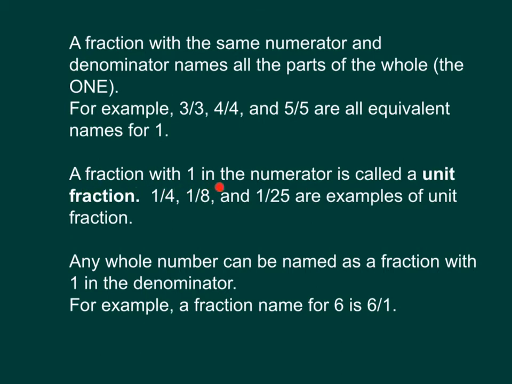A fraction with 1 in the numerator is called a unit fraction. 1/4, 1/8, and 1/25 are examples of unit fractions. Any whole number can be named as a fraction with 1 in the denominator. For example, a fraction named for 6 is 6/1. Another name for 5 would be 5/1. And another name for 3 is 3/1.